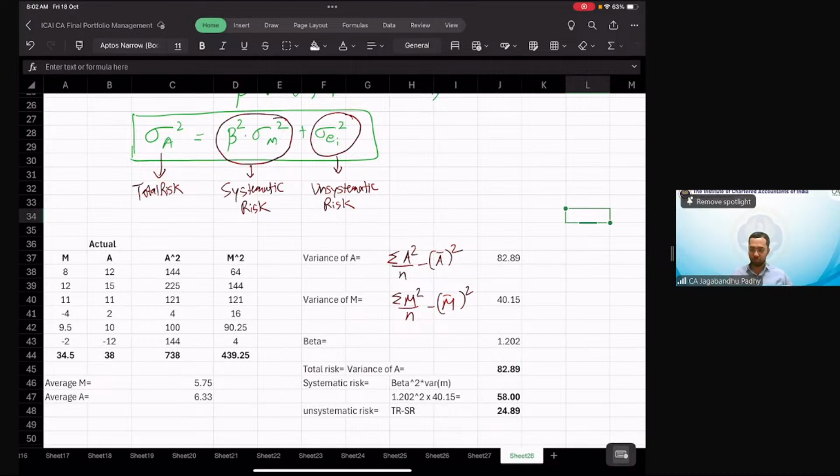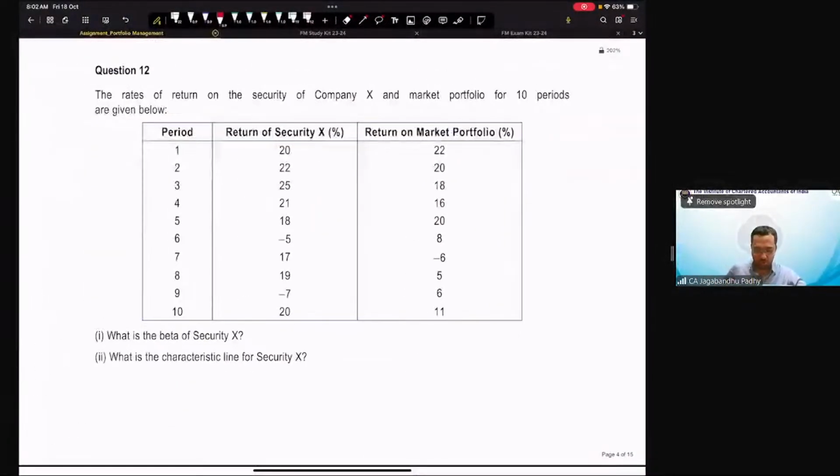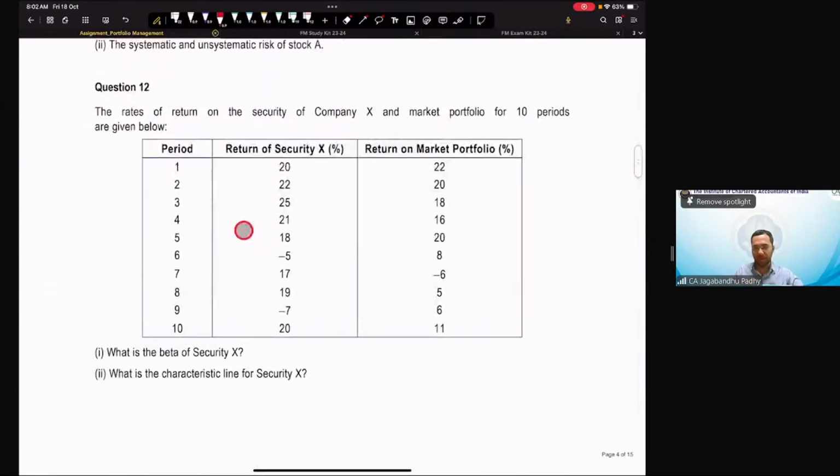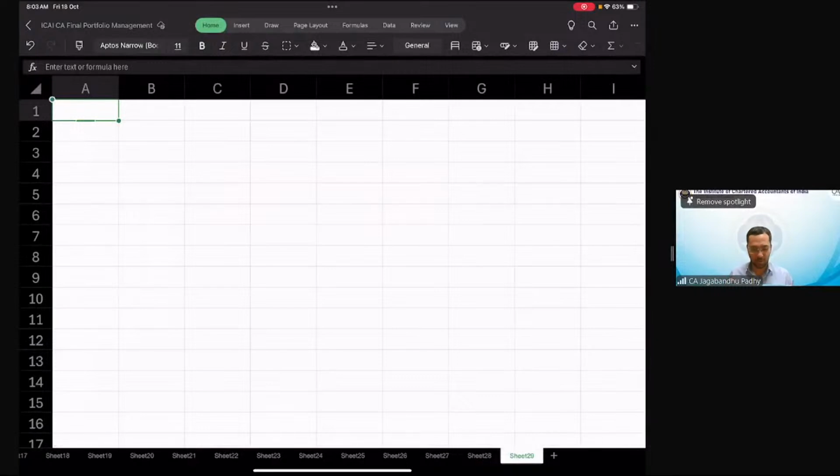Now, let us do maybe one more question just for our practice to obtain the beta, then characteristic market line, and to also look for the systematic and unsystematic portion. So for that, let us take this question number 12, guys, just for the sake of getting a better practice.